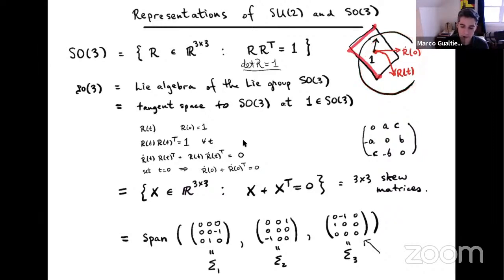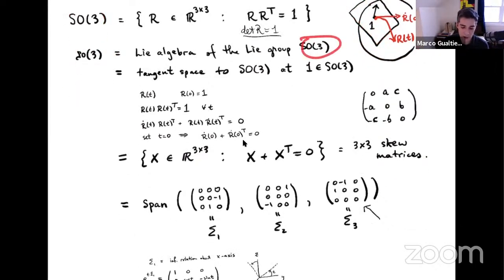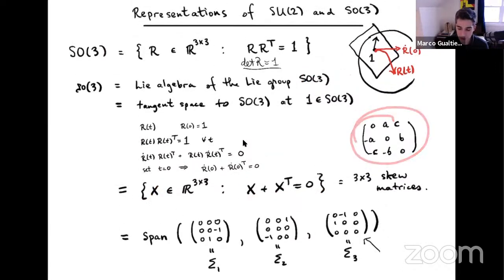And we have the tangent space to the identity, which is the Lie algebra of SO3. The Lie algebra of SO3 is, as we saw before, the set of 3x3 matrices which are skew symmetric. You should think of such a matrix as a tangent vector to SO3 at the identity element.